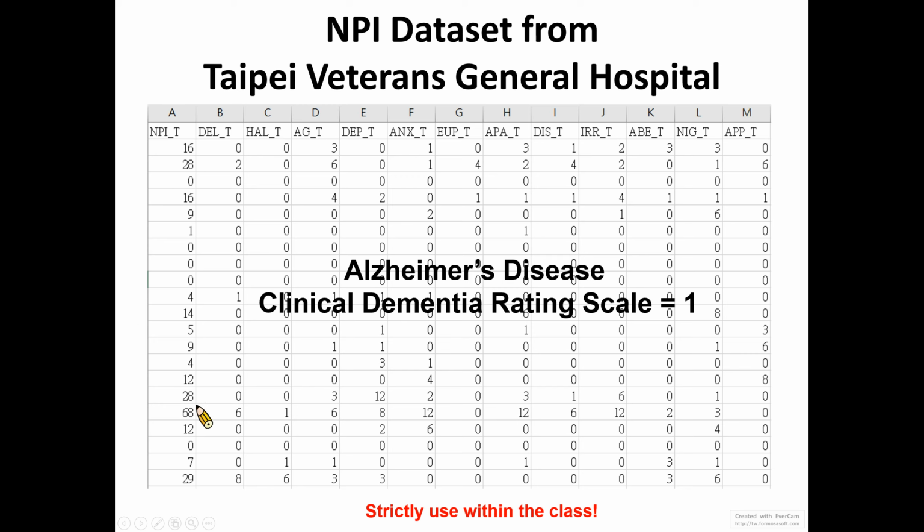For example, this one has a severe depression and anxiety, but the others may have relatively low scores or even have nothing in their neuropsychiatric inventory. So because of these great variations, that shows you the importance of finding a solution to find the clusters of these patients.